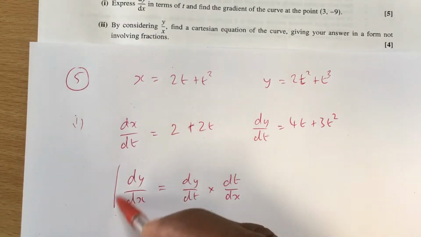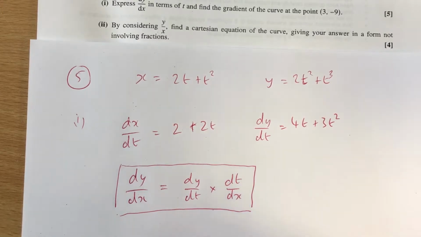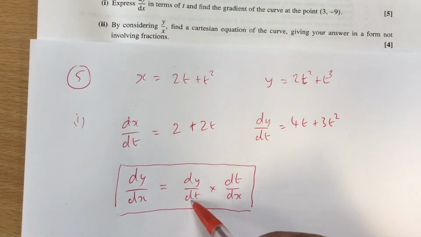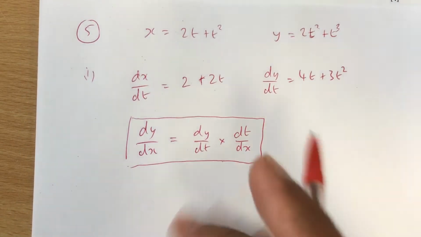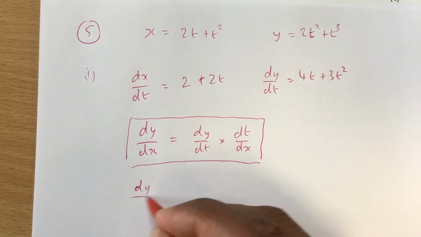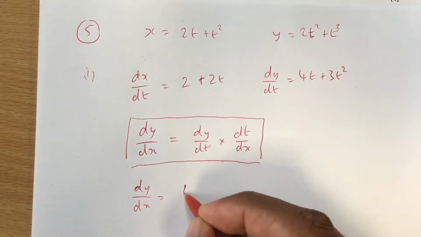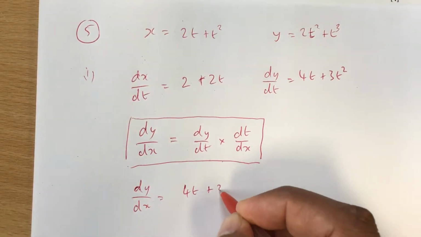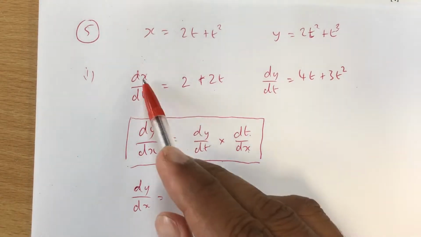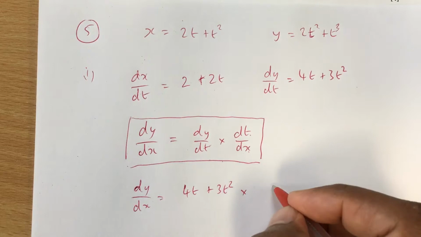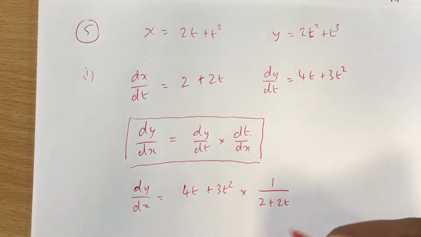Very important, this chain rule, and it's important that you put this in the exam so the examiner can see exactly what you've done. The dt's will cancel out, leaving you dy/dx. So dy/dx is equal to dy/dt, which is 4t plus 3t squared, multiplied by dt/dx. We have dx/dt, so I need the reciprocal of that, which is 1 over 2 plus 2t.